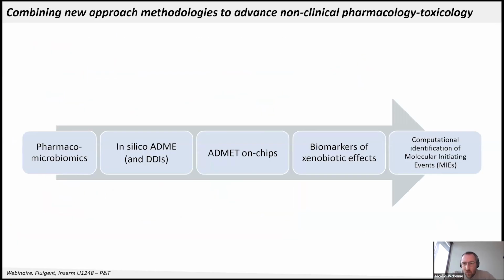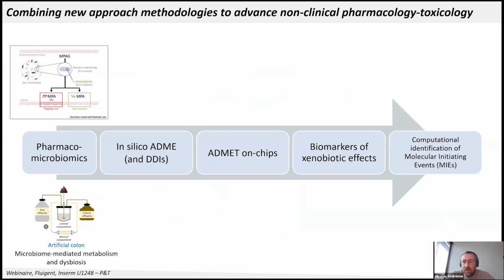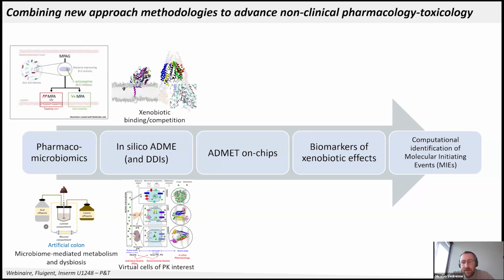So this is what we aim to develop within our unit in the coming years. By combining the expertise present in our laboratory, we plan to build a full pipeline of new approach methodology. This pipeline will include, of course, pharmacomicrobiomics, but also in silico analysis, with, in the future, the ability to recreate virtual PK-relevant cells.